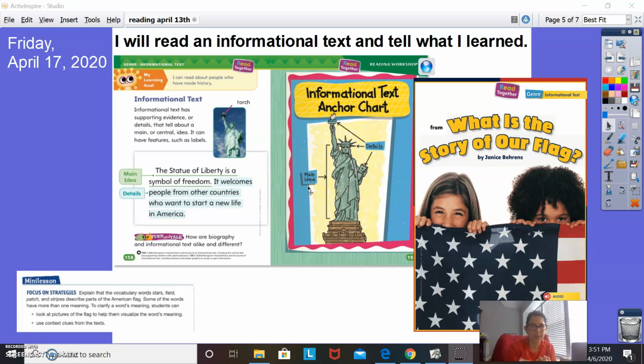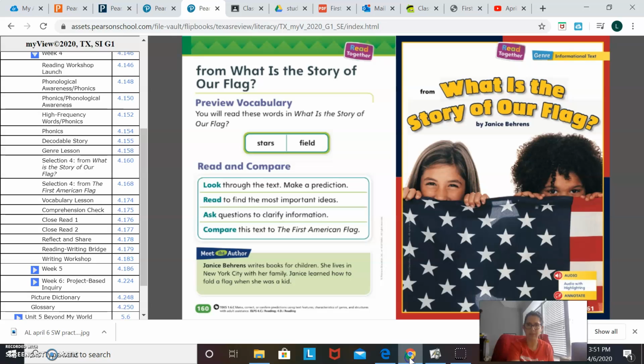Some of these words can have more than one meaning, but if we use our pictures of the flag to help us figure out what the words mean in the context of the text, What is the story of our flag? So we're going to go ahead and get started. Switch over here to our book. What is the story of our flag?